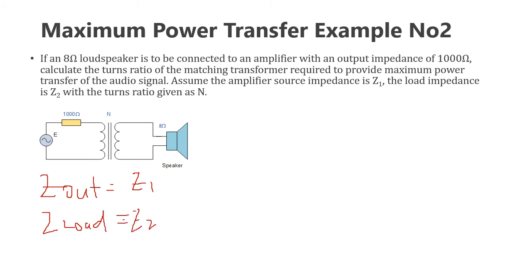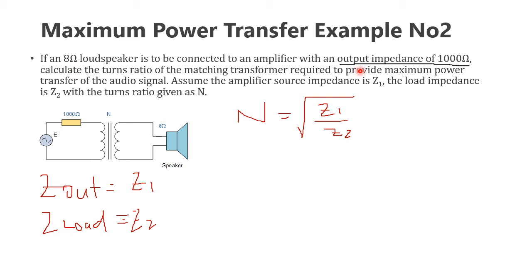Therefore N can be derived as the square root of Z1 over Z2. The question is that we need to find the value of N, the turns ratio. Now we can substitute the values for Z1 and Z2.